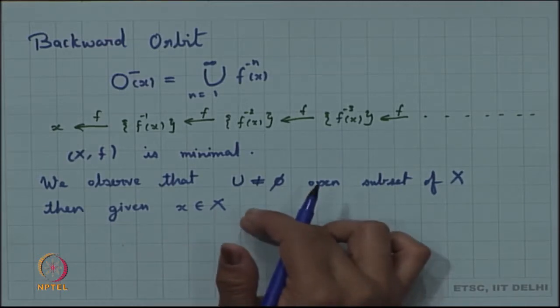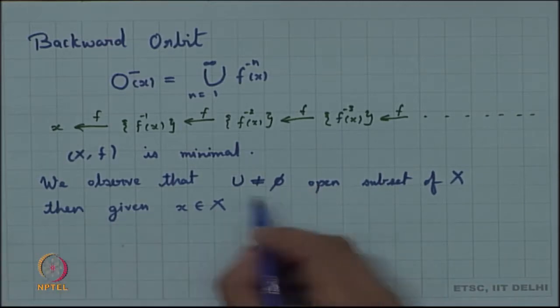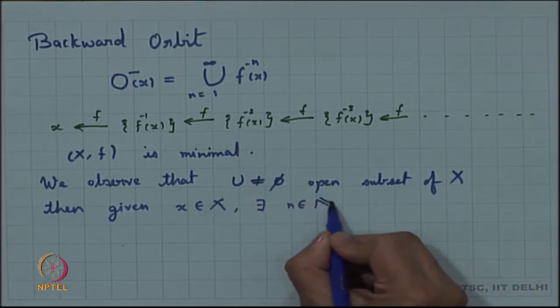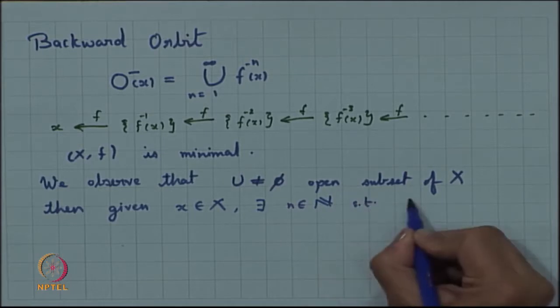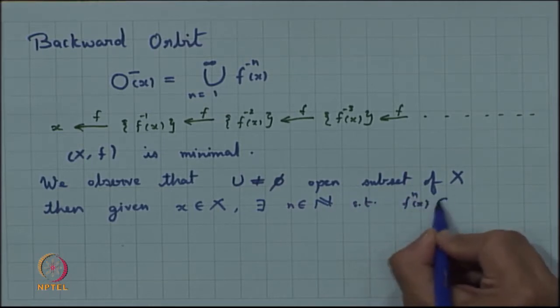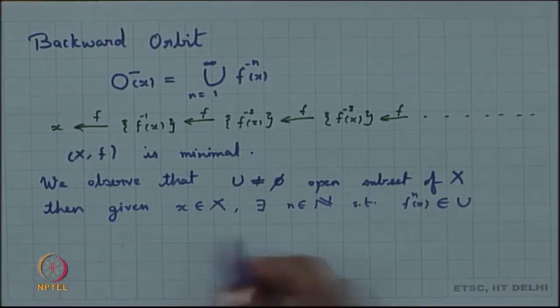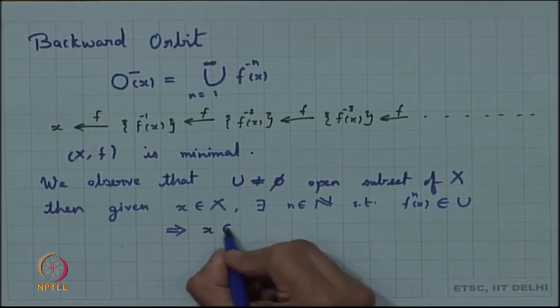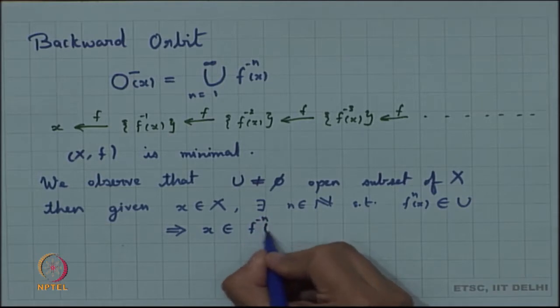So the orbit of this given x is dense. So there exists an n in the set of natural numbers such that f n of x will belong to U, and this clearly means that x belongs to f minus n of U.